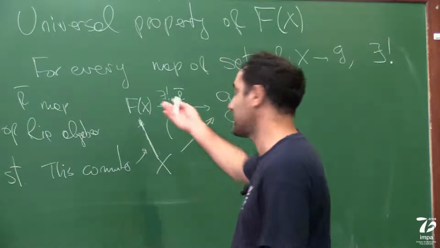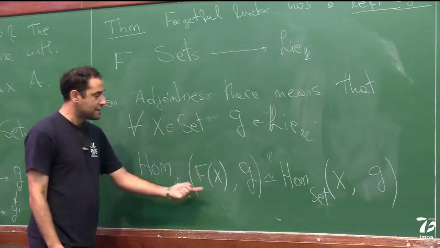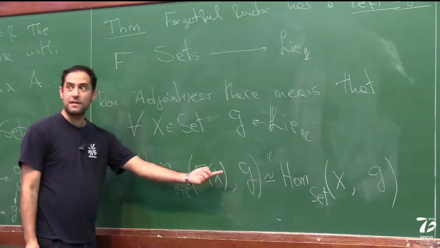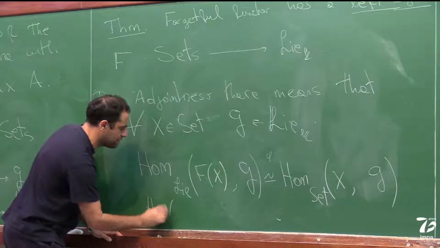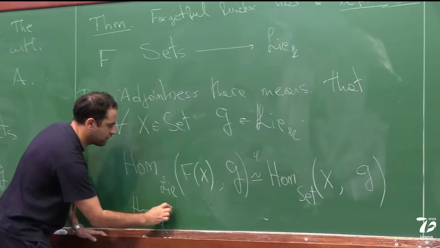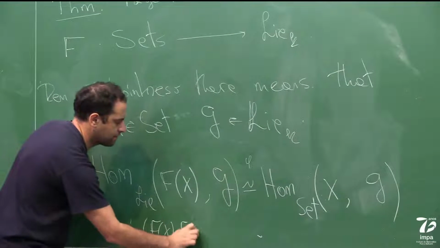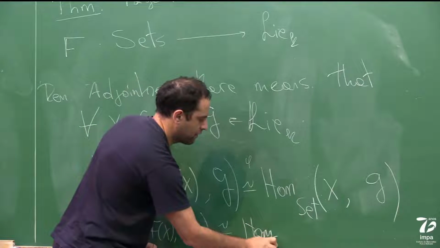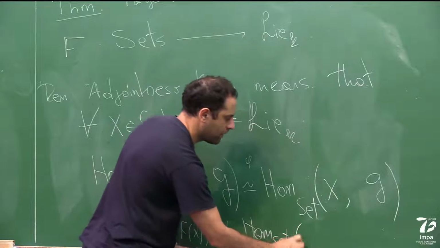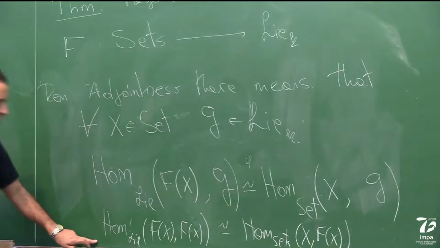Well, F of X itself is a Lie algebra. So I can take G to be F of X. So if in this definition of adjunction I take G to be the Lie algebra F of X, then the isomorphism gives me an isomorphism between Lie algebras, between F of X and F of X, and an isomorphism of sets between X and F of X. But this set here is a pointed set.